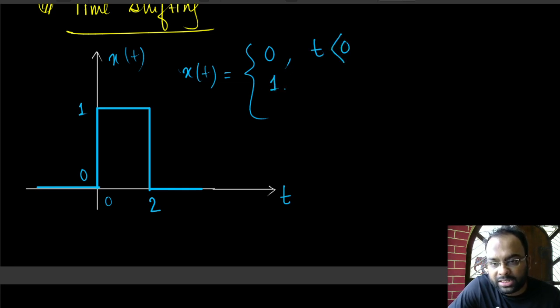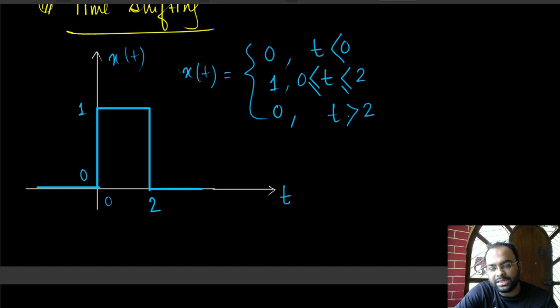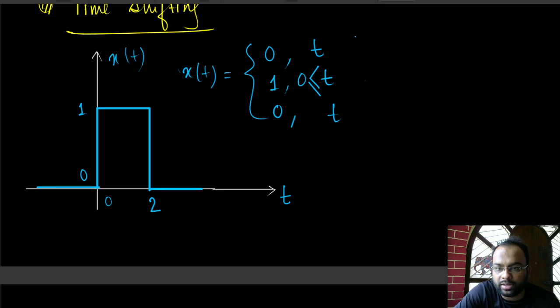The value of the signal is 1 when time is between 0 and 2, and the value of the signal is again 0 when time is greater than 2, right? That is how we have defined the signal. So I don't think there is any issue with this, right?